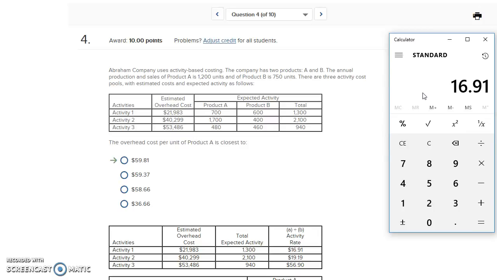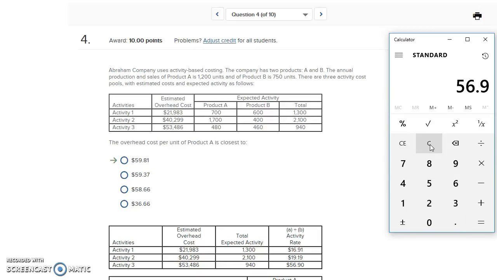Again, writing this down. For sifting, my total cost was $40,299, and I had a total of 2,100 sifts. So my cost per sift is $19.19. For activity 3, which was molding, 53,486 was my total cost, and I had only 940 molds, so $56.90.